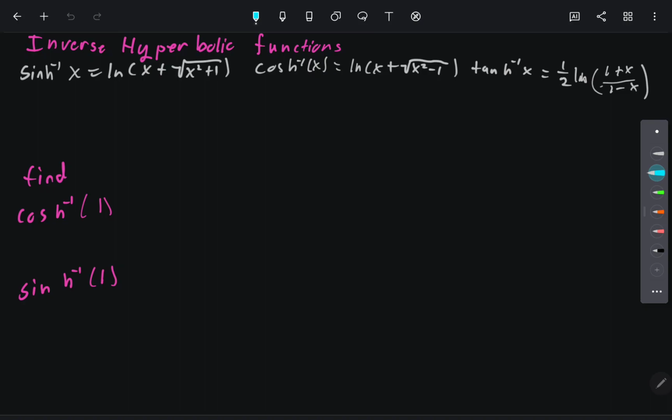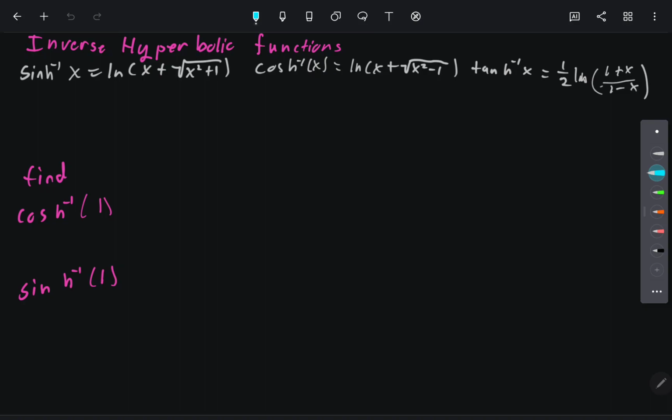Then for the hyperbolic cosine inverse of x, it's the natural log of x plus the square root of x squared minus 1. And finally, for the hyperbolic tangent inverse of x, we have 1/2 the natural log of 1 plus x over 1 minus x.